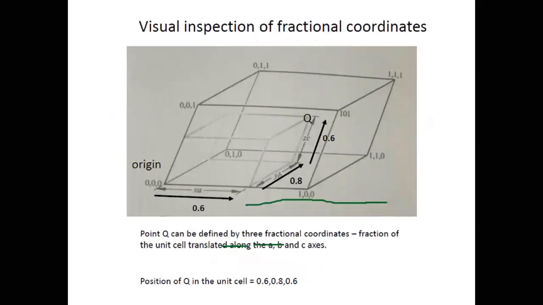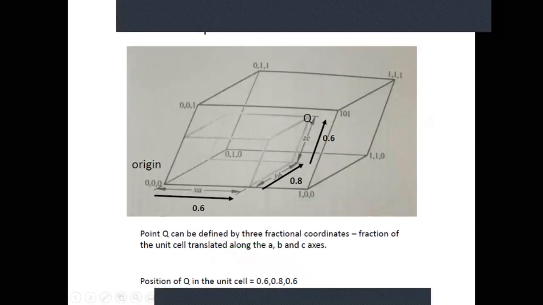So here we have another example. We want to know what's the fractional coordinates of point Q, and it says it translates 0.6 along A, 0.8 along the B axis, and 0.6 along the C axis. So point Q is up here in this corner right here. And so what we do is we take the amount it displaced divided by the length of the axis.